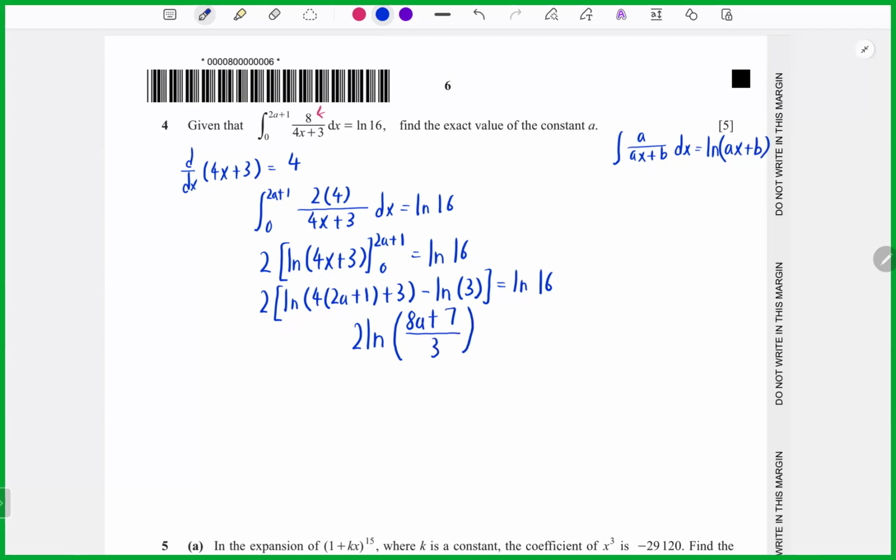Why this way? Because we apply this law, the law of logarithms: ln x minus ln y, you will get ln x over y. So we apply this formula. So I put here ln, x is 2.